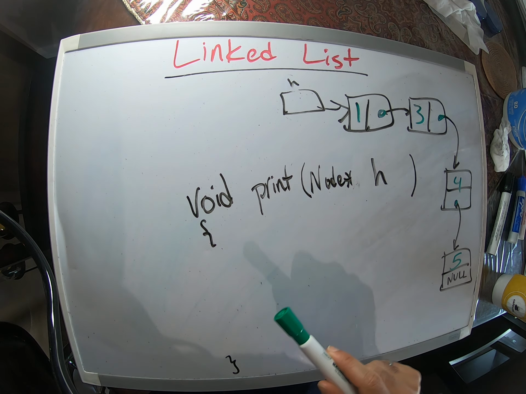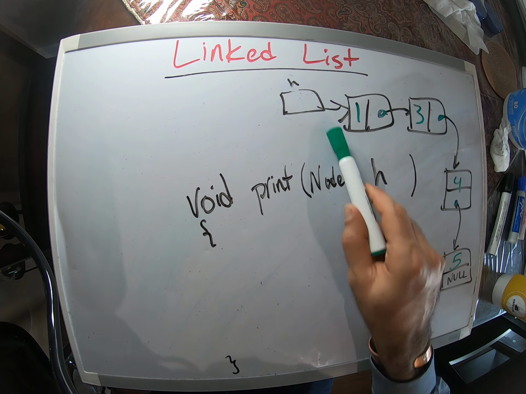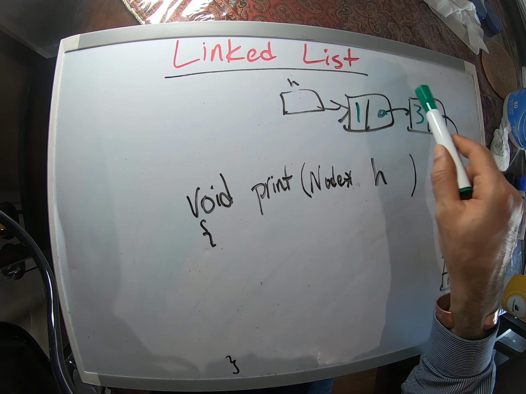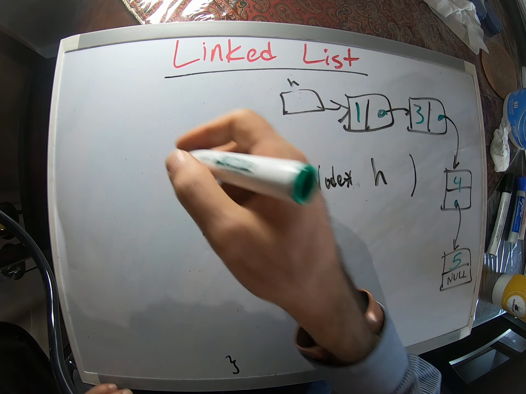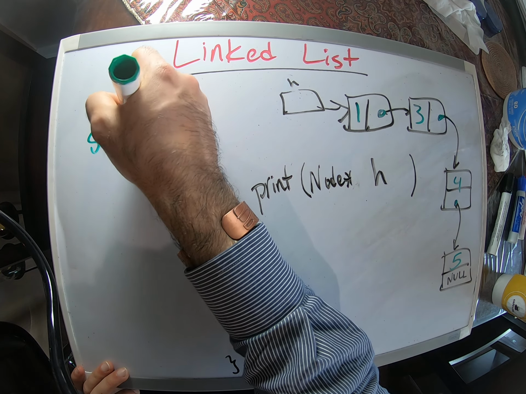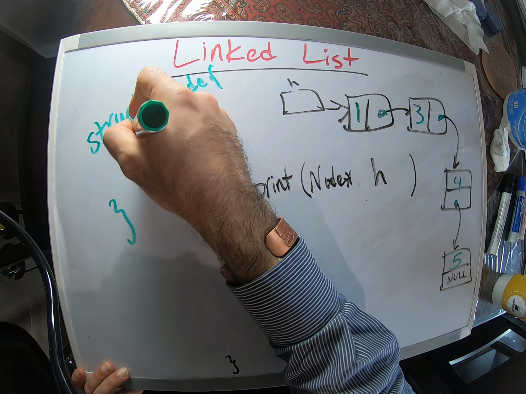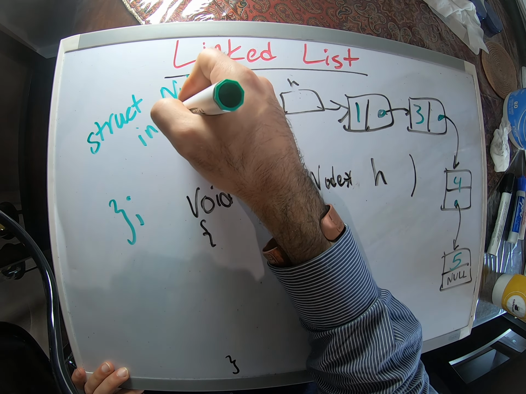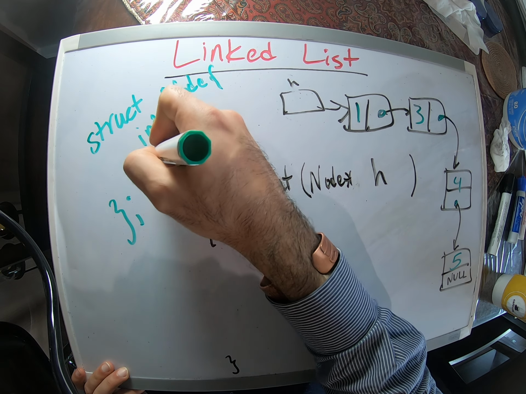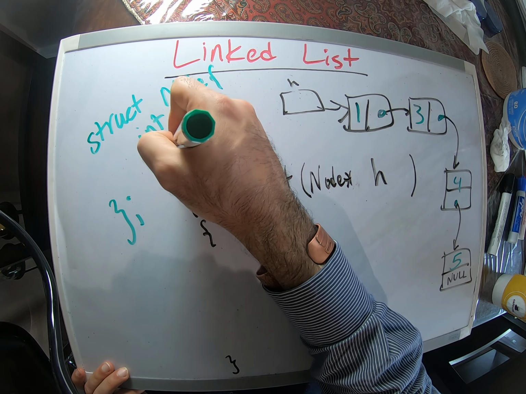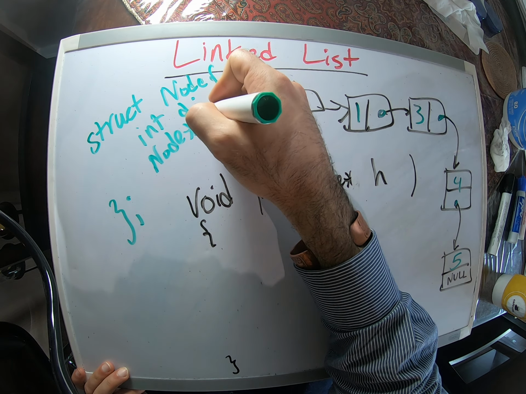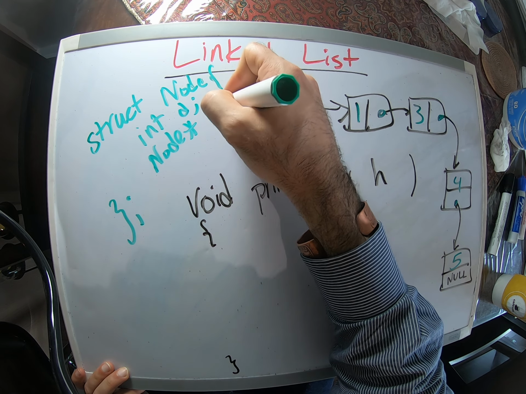So here, what we need to do is traverse through the linked list. Let's say this is our linked list structure: node, integer data, don't forget the semicolon, and node star, let's call it next.